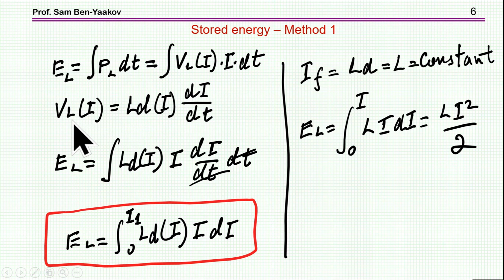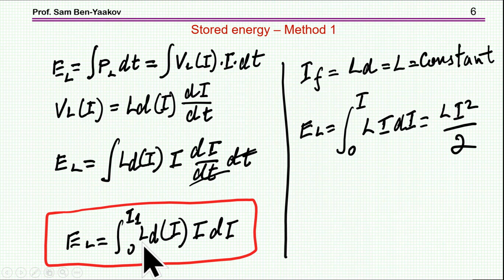Now in the case of an inductor, the voltage is L di/dt, okay, L is a function of I. So now I'm going to replace V by this expression. I'm getting this, and the dt, di/dt, sort of drops off. So I understand now that the energy of an inductor with a change in current between 0 and I sub 1, when the inductor is nonlinear, is this expression.